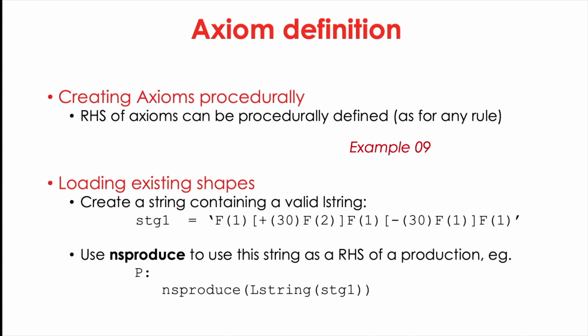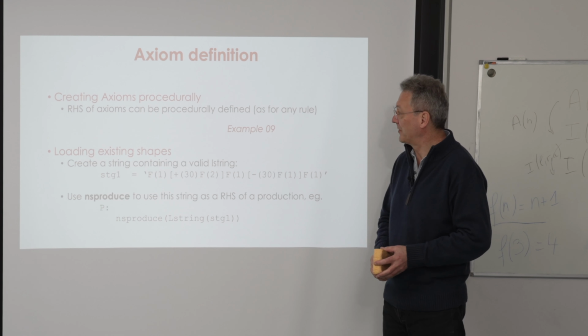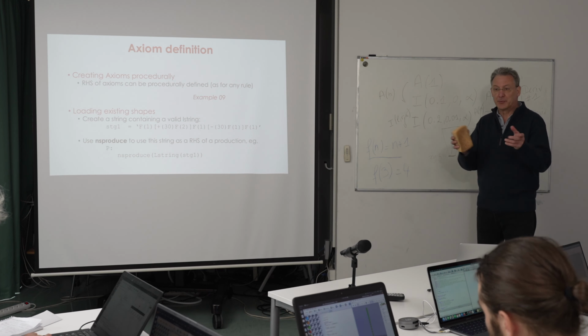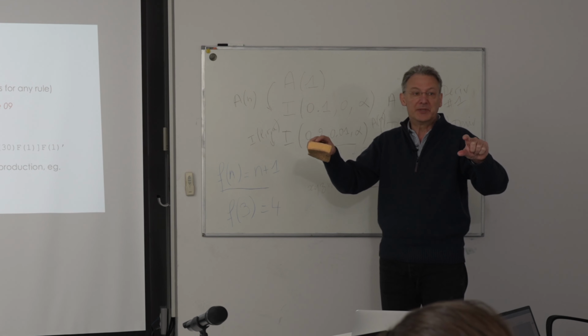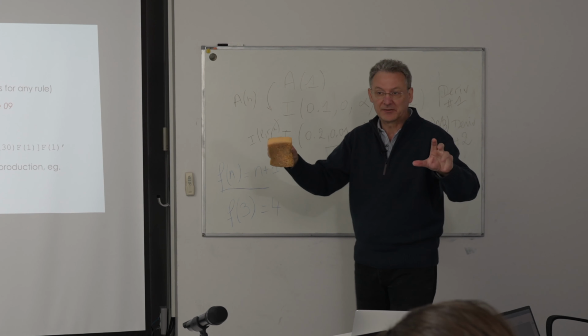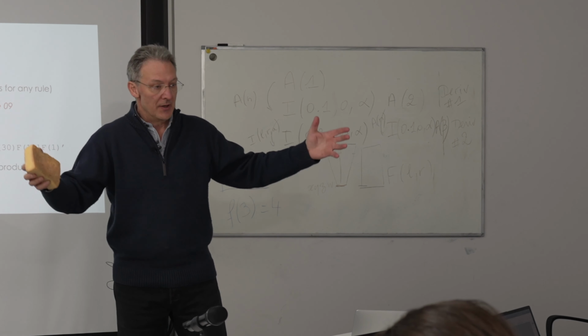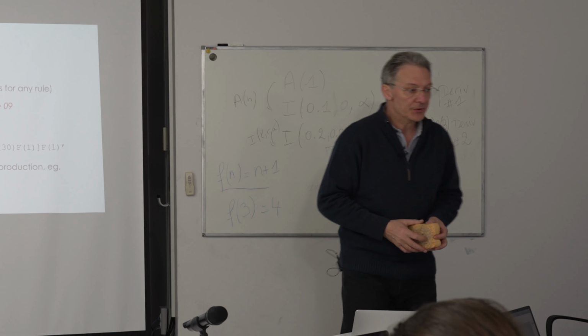And the last example to finish this part of the session is this one. How to create axioms. In axioms, for the moment we just wrote L-strings, which is a bit tedious to enter. If you want to enter a full plant or hundreds of plants in the scene, it would be difficult to put it in by hand.